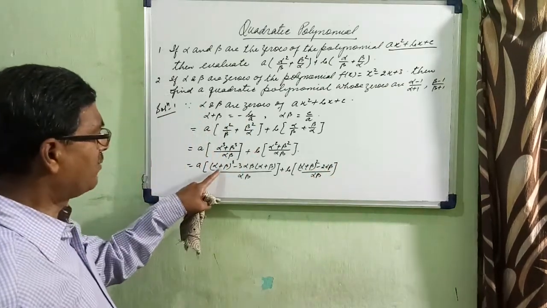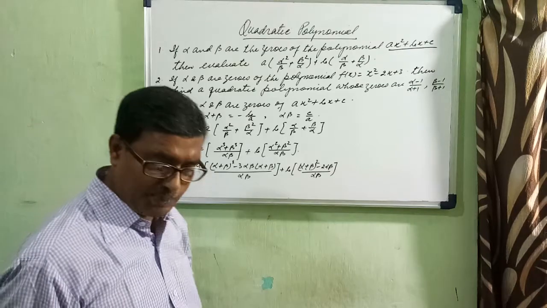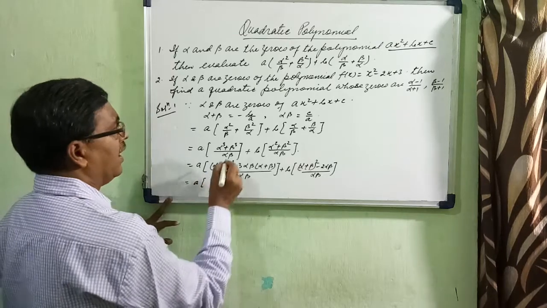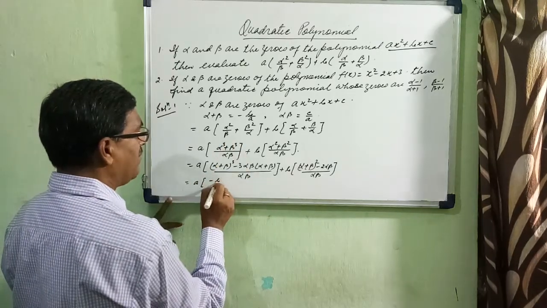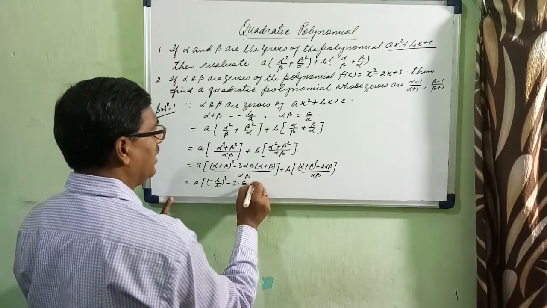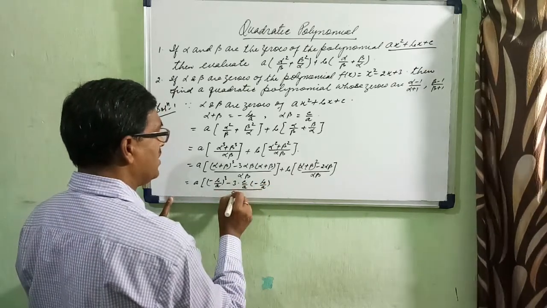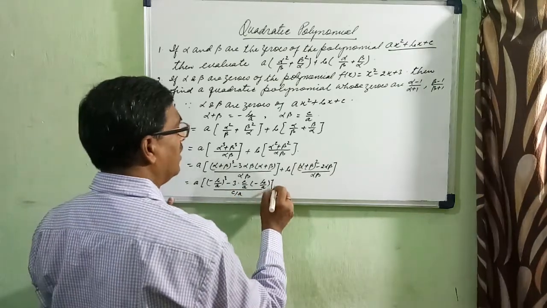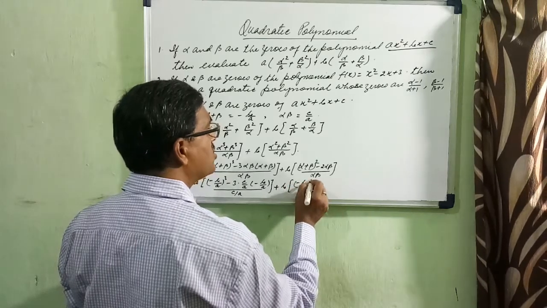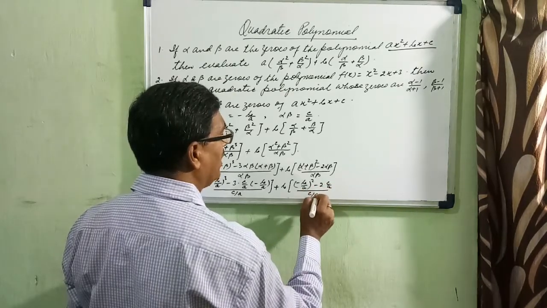So you are capable of putting in all the values: a into minus b by a whole cube minus 3 into c by a into minus b by a, divided by c by a. Then b into minus b by a whole square minus 2 into c by a, divided by c by a.